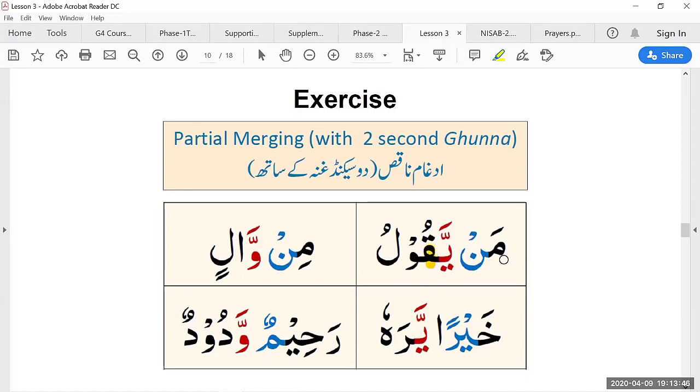Okay. So the nasal sound, you did it, but you have to hold it for 2 seconds. Can you try again? And qaf has a thick sound, so keep that in mind as well. Min yaqul. Okay, much better. Min wal.